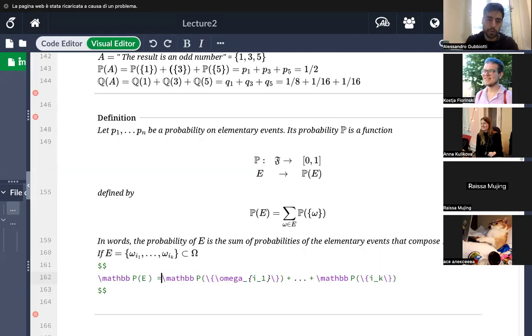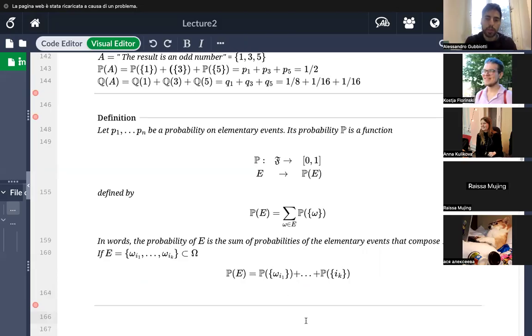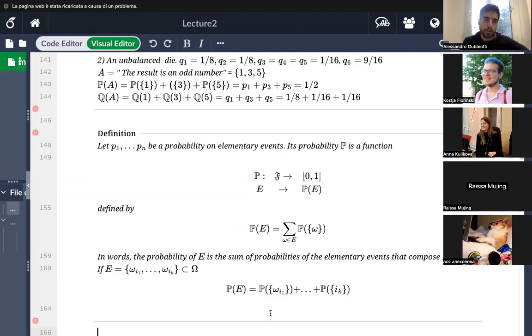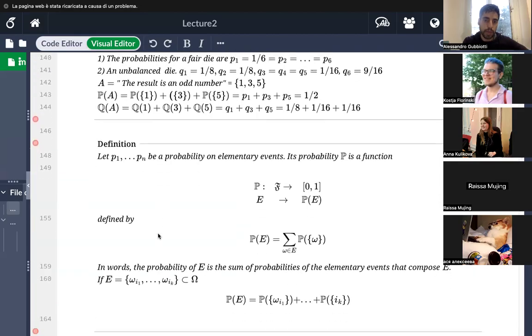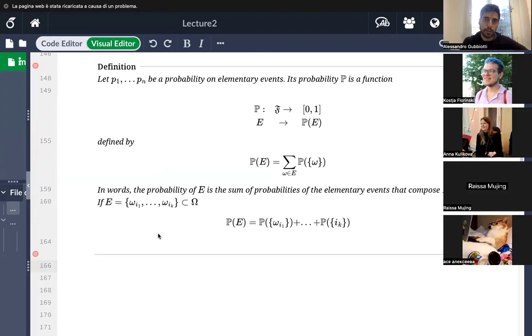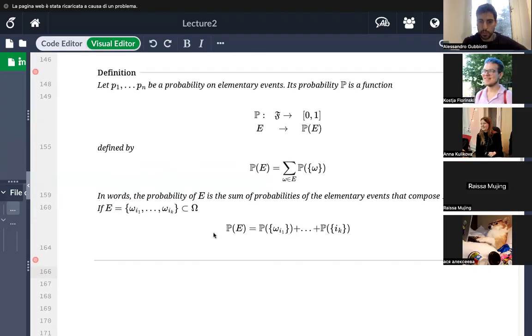This is how the probabilities of the elementary events determine the probability of an event. This is quite basic, but it has to be. I hope it is clear for everybody.